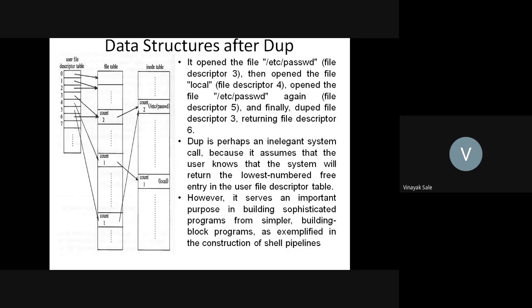So the /etc/passwd file is opened at descriptor fd3 at the third location, then the file local is opened at the fourth location, and /etc/passwd is opened at the fifth location, and finally the file descriptor 3 is duplicated at the sixth location.